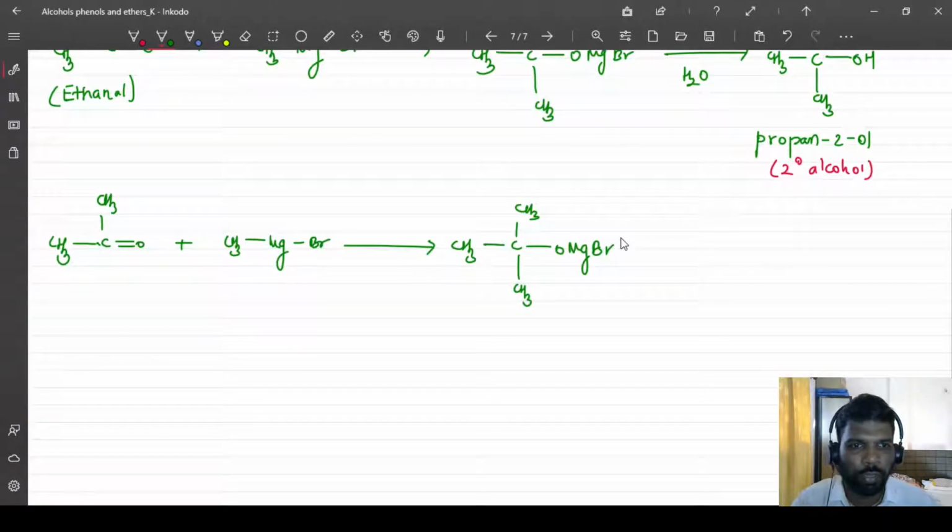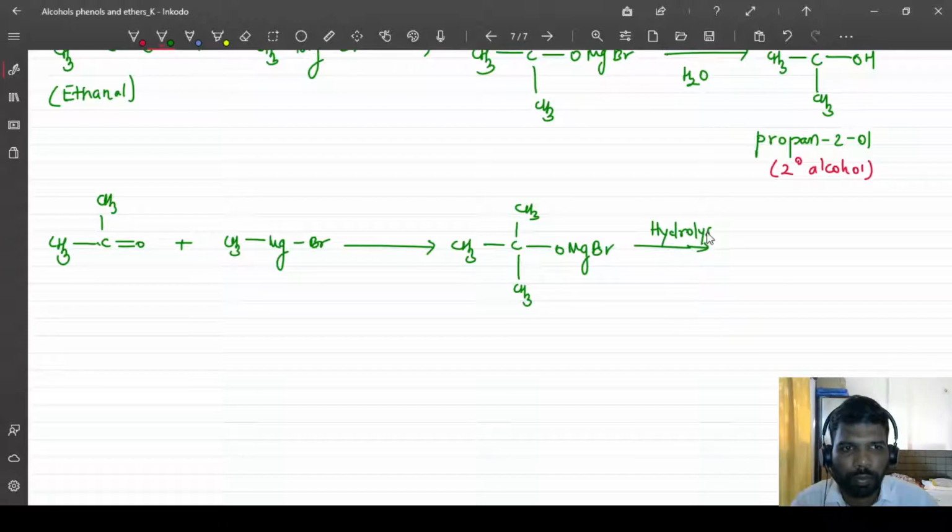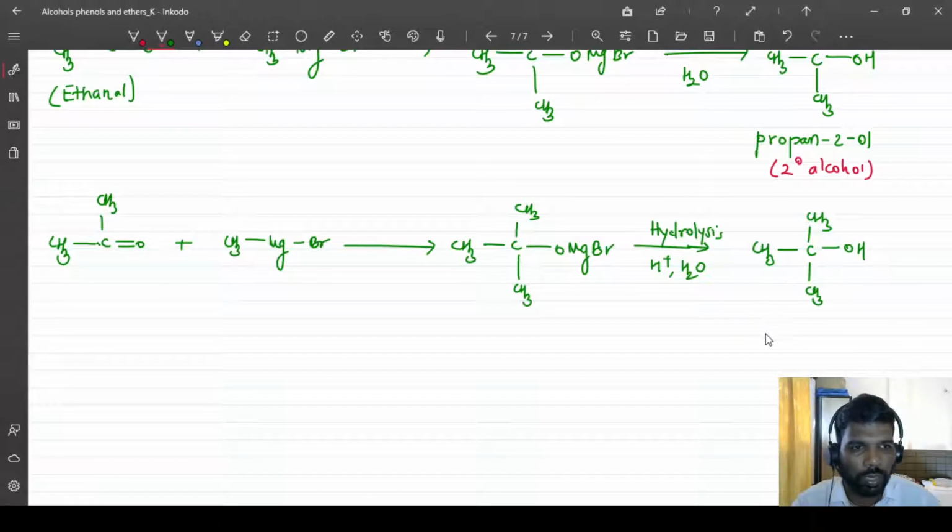Further, after hydrolysis, what we are going to get is, with H plus in the presence of H2O, this OH. Now this alcohol is a tertiary alcohol.